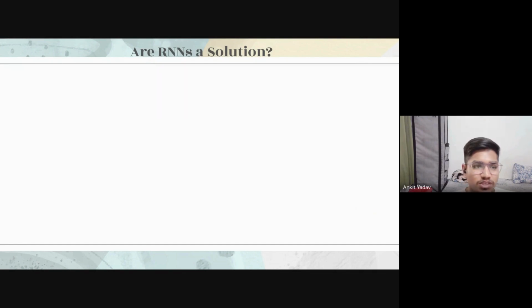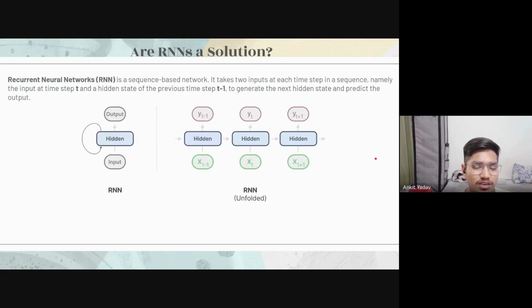Now, because we are done with the transformer, we have to come back to where we started, RNN. So let me introduce what RNN is basically. Recurrent neural network. What they do is, at a timestamp t, they take some input, let's say xt, and they have some previous hidden state. They'll update that hidden state and produce some output yt.